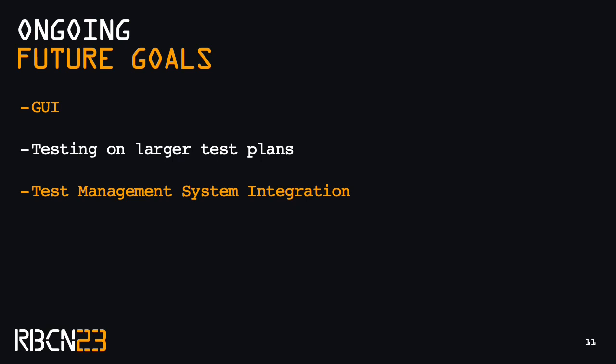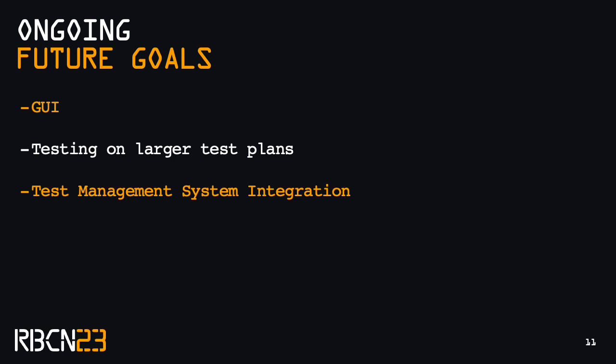After presenting this prototype, ideas, and principles, we still have a long way to go. It's important to improve the graphical user interface so that the tester will have a better user experience.